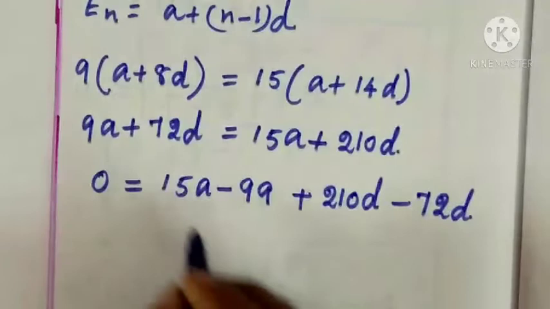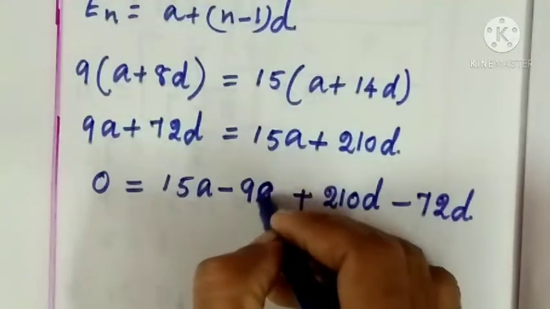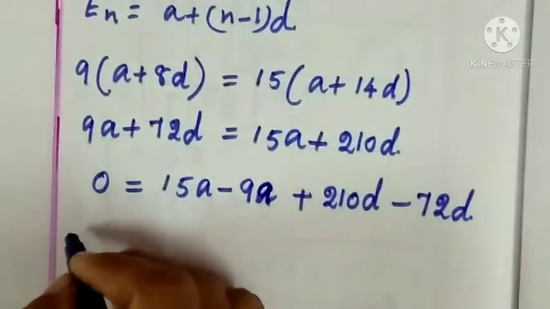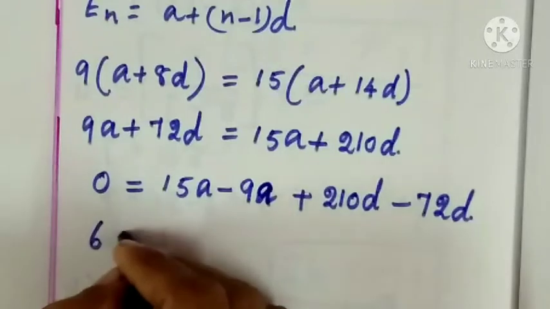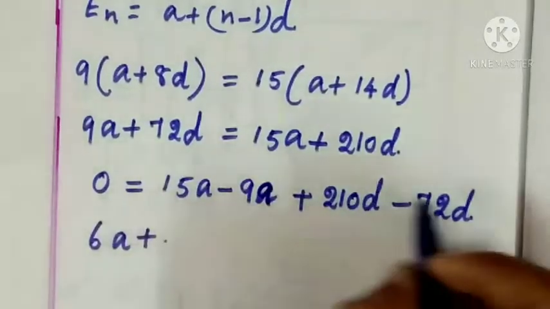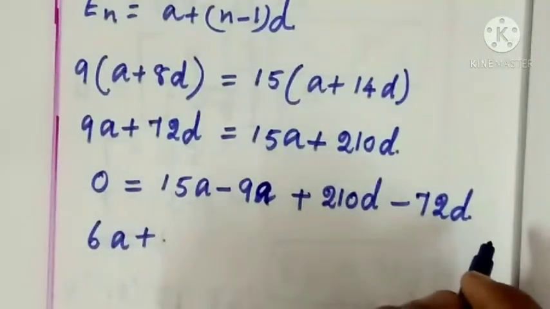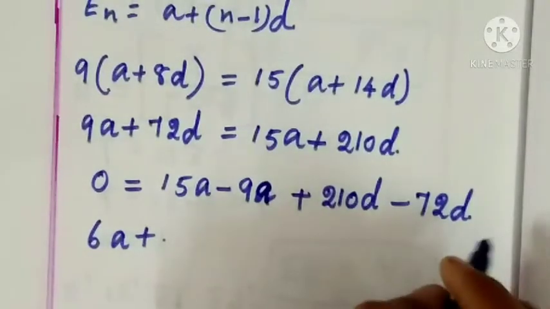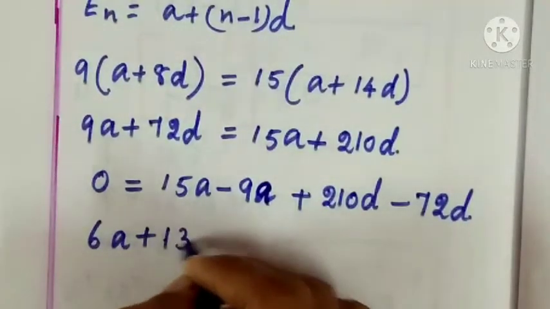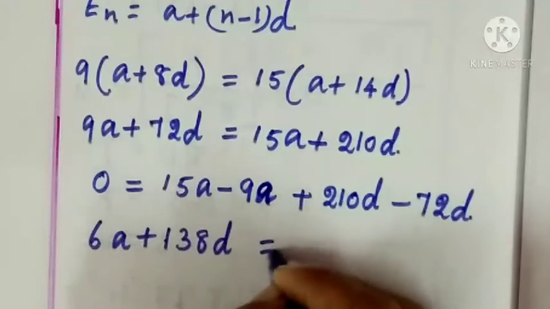That is 15A minus 9A we get 6A, plus 210D minus 72D is plus 138D, equal to 0.